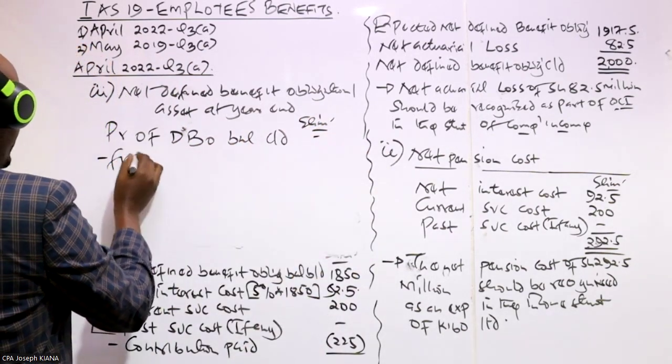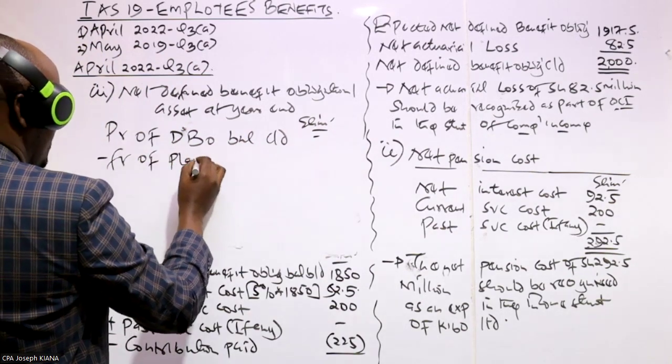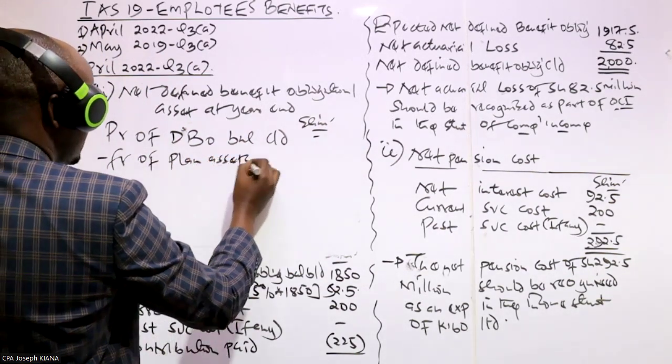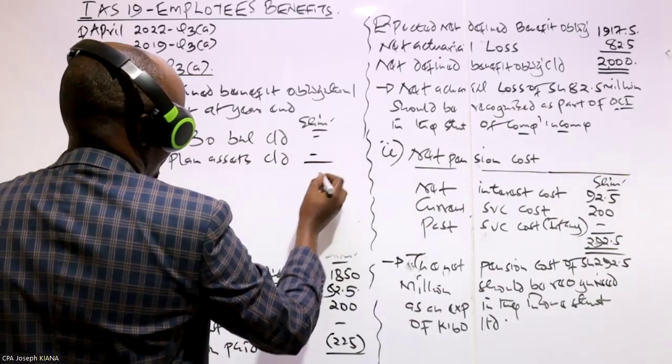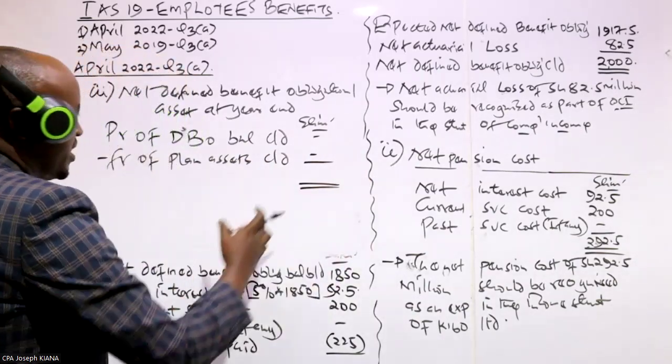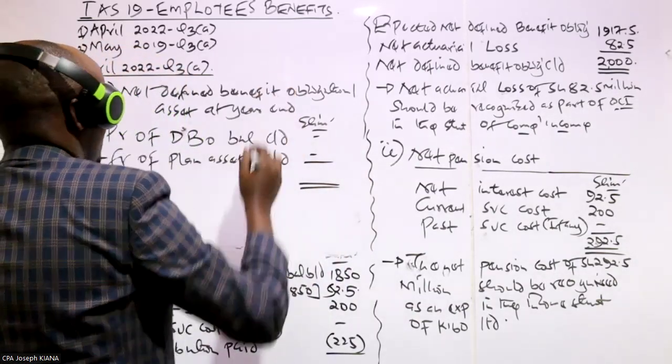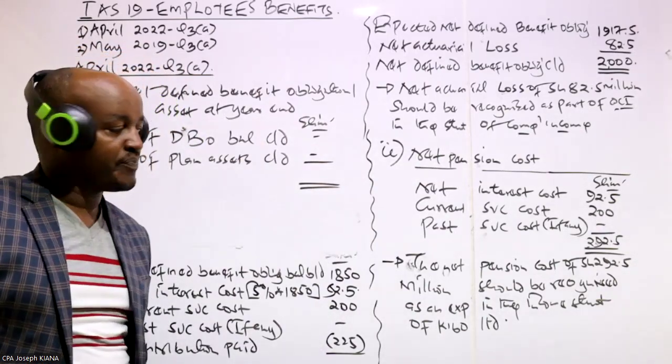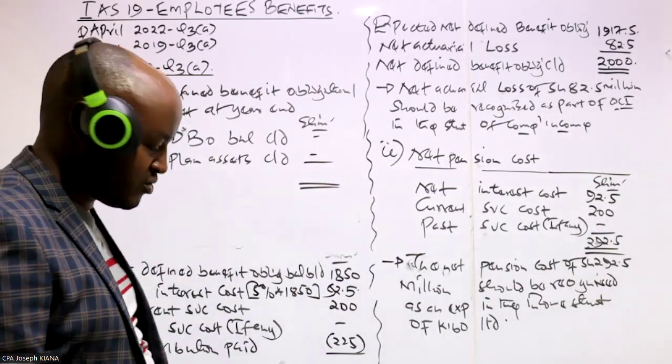And then from this we deduct the fair value of the plan assets, still at the end of the year, and we don't have that. Whatever you get here is the net defined benefit obligation or asset.